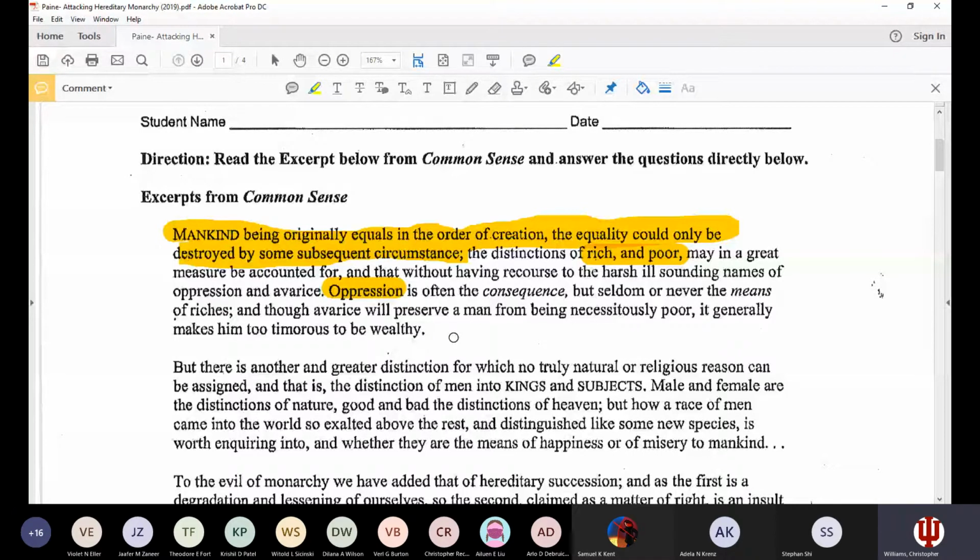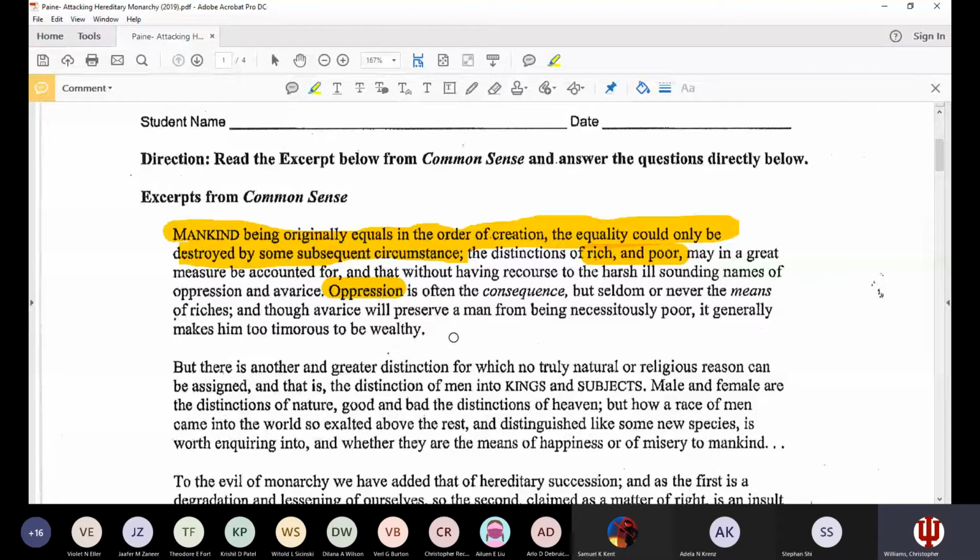This difference between a king and his people did not begin that way naturally. And he's going to point out why allowing a king to automatically give the power to their son, their offspring, is against everything we look at in terms of how we start out as people being equal.